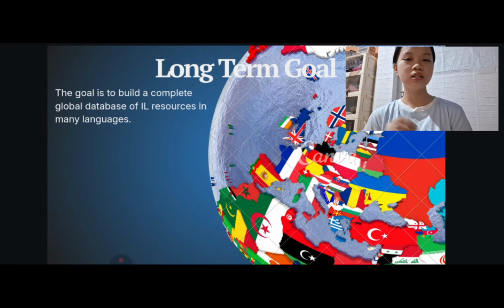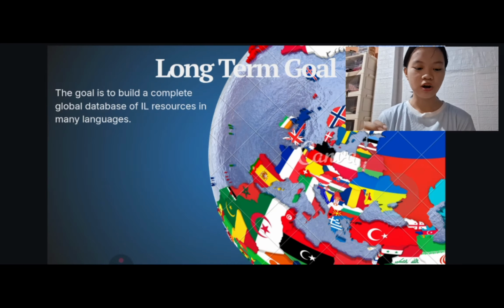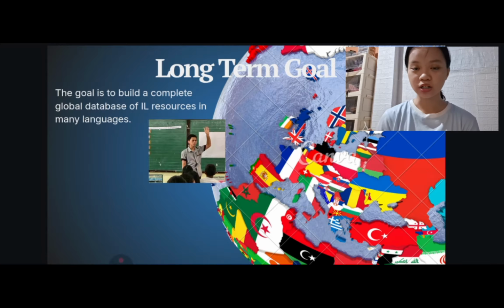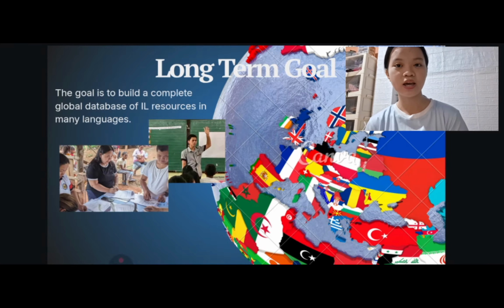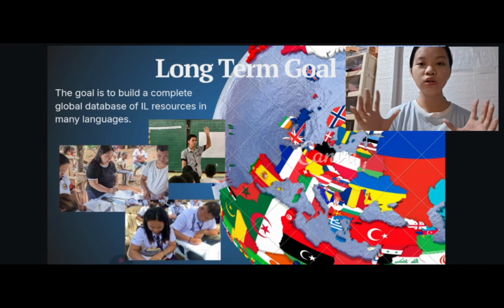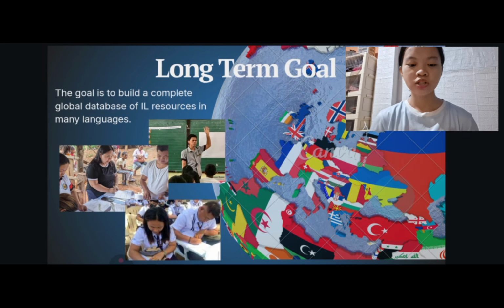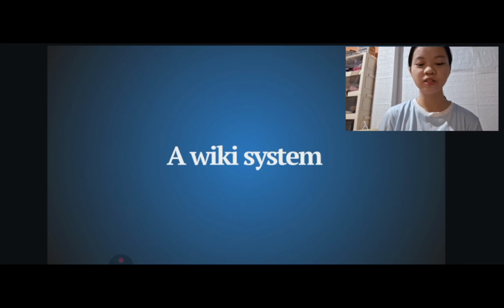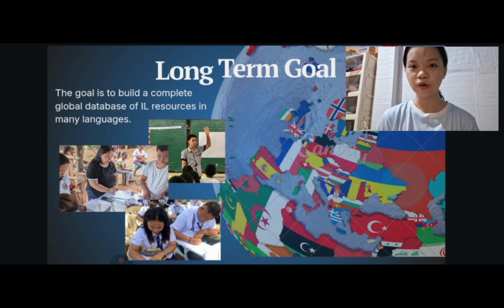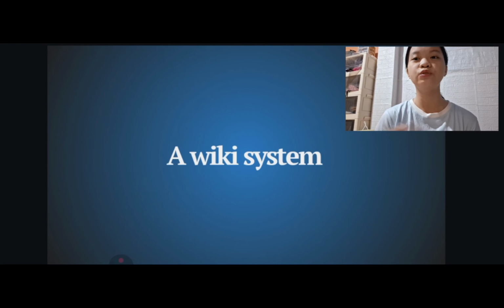So this system would make it easier for educators, communities, and students worldwide to learn information literacy in their native language. So, how do we propose to reach this big goal?